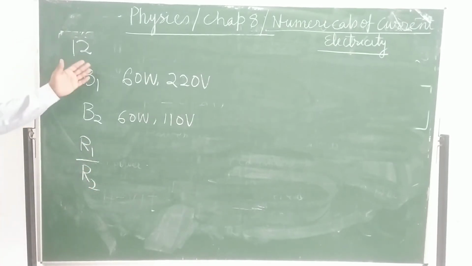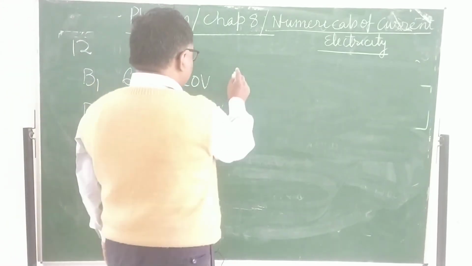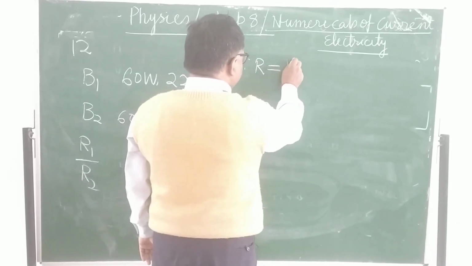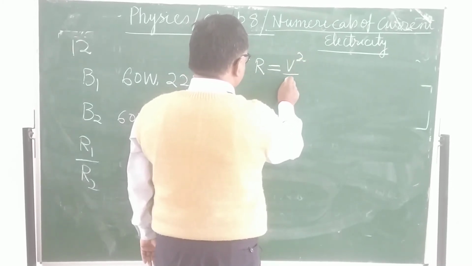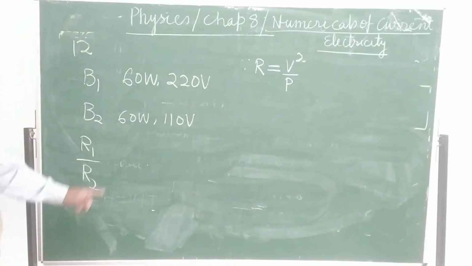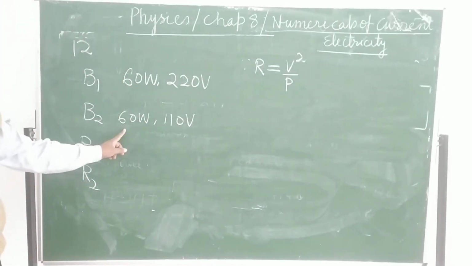Now what is the formula of resistance? As you know, resistance equals V square upon P. Now if you see here, both the bulbs are of the same power.